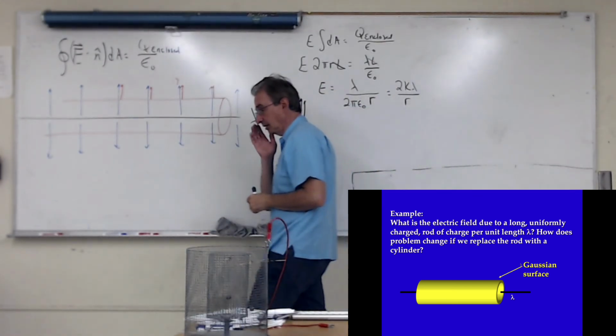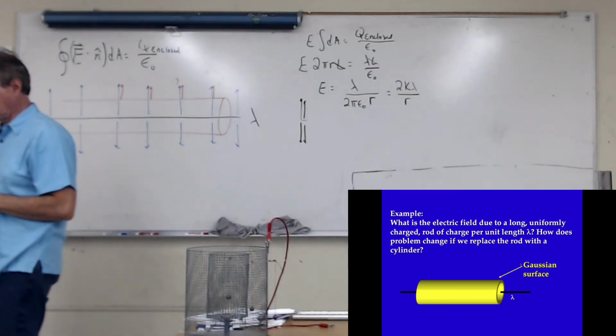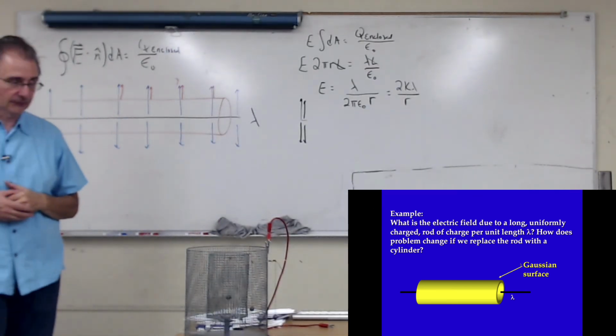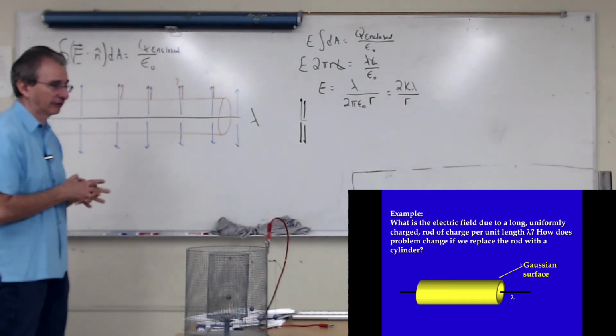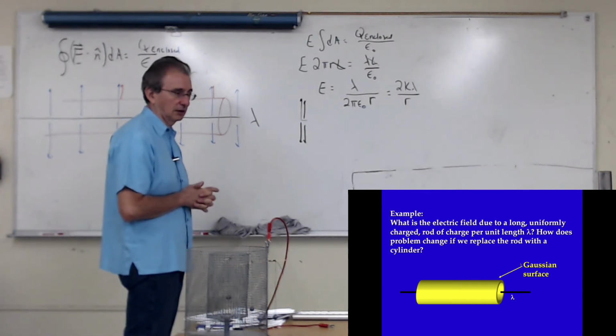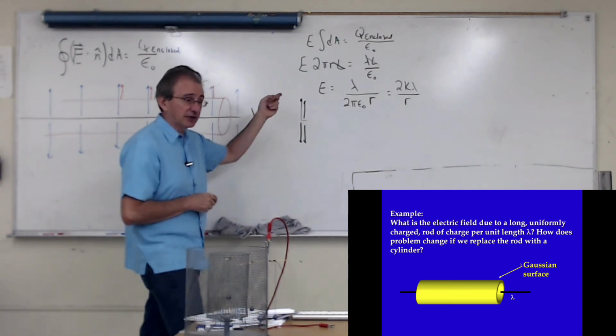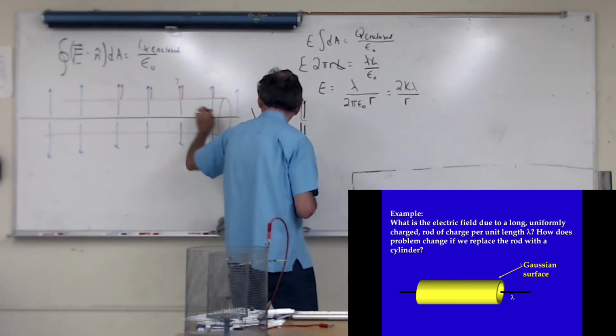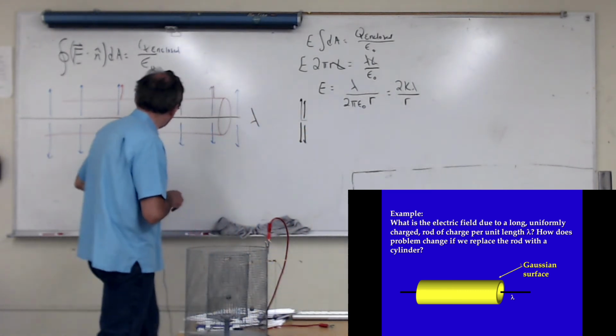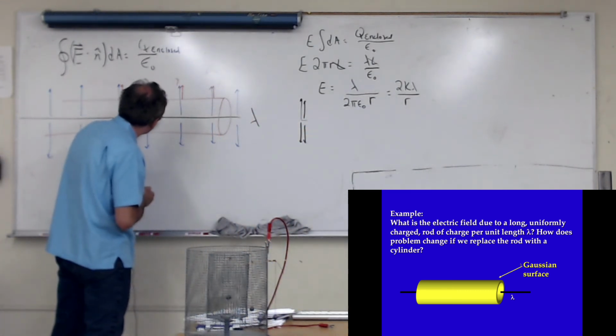You might say, well, what use is it because it's infinitely long? There's no such thing as something infinitely long. We don't deal with that in real life. However, we can use this as an approximation to a field. Imagine you are really close to this wire. You want to determine the field at this point.